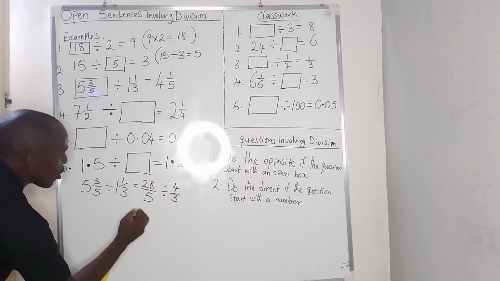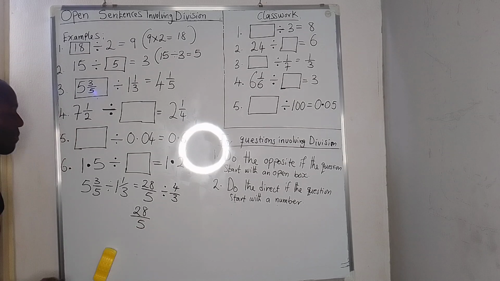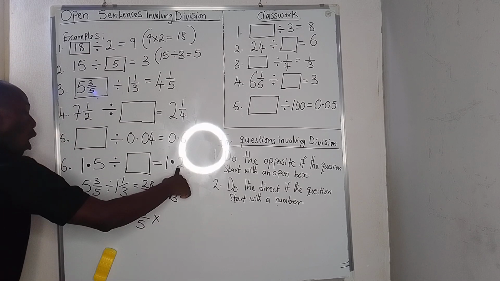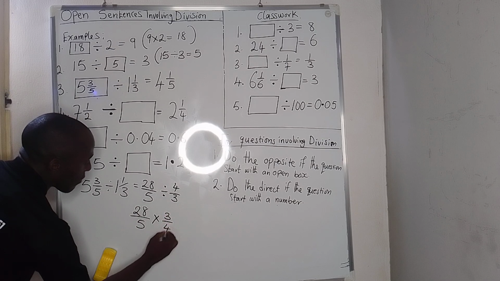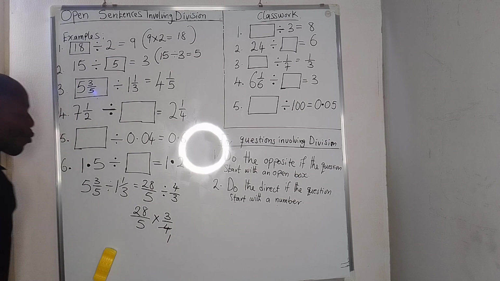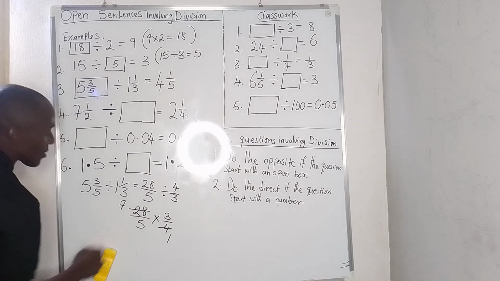What does it mean? We write the first fraction the way it is, 28 over 5. Divide becomes multiplication. Then 3 will go up, 4 will come down, 3 over 4. So 4 here is 1. 4 can go into 28 7 times.